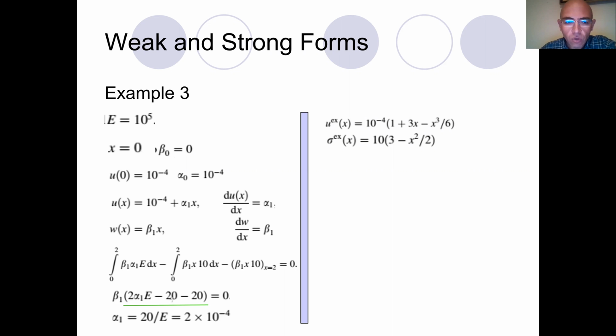As a result, for any value of beta 1, this expression has to be equal to 0. And the only way this is possible is if the expression inside the parentheses is equal to 0. So from here, I can easily obtain that 2 alpha 1 E is equal to 40. From here, alpha 1 is equal to 20 divided by E.